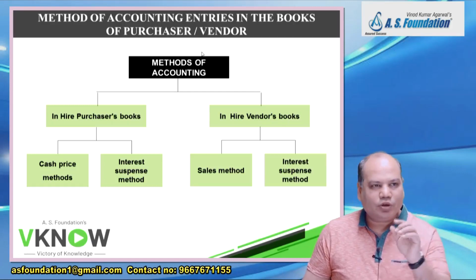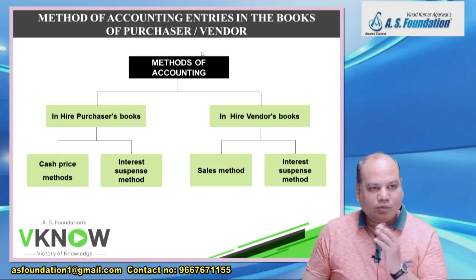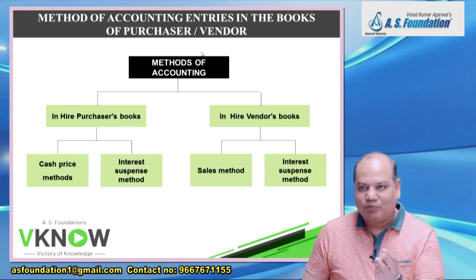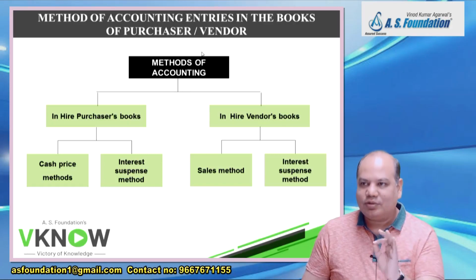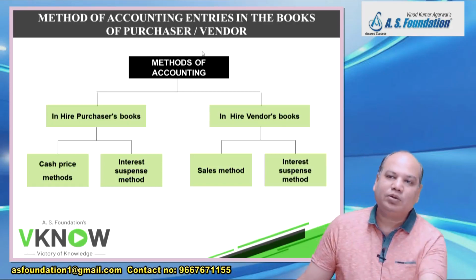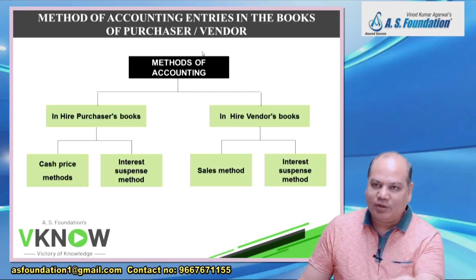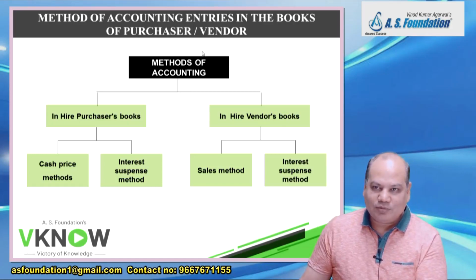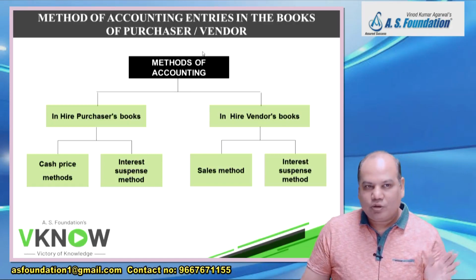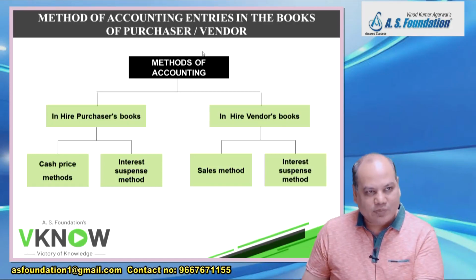So we have solved 4 types of question. Before the accounting begins, we need to keep some figures ready: cash price, interest included in each installment, and the installment amount. Because when you make the payment, you will pay the installment, so you need to know the installment amount also. Right? Cash price is given, we can find hire purchase price.